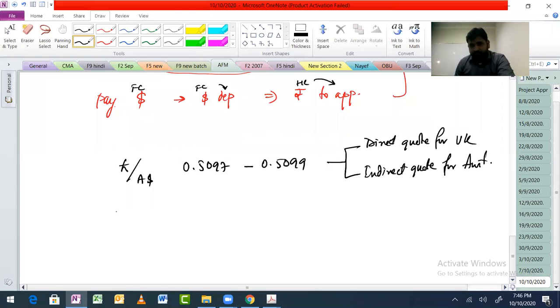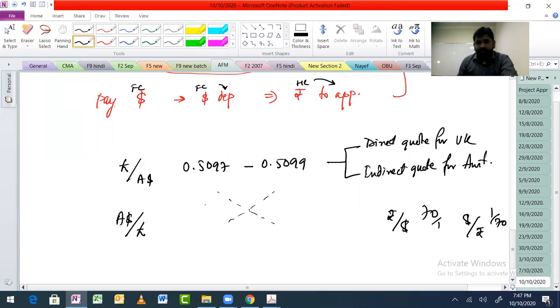What will be the direct quote for Australia? Like if I want Australian dollar per pound, what will be that quote? One thing to remember: generally if rupee per dollar is 70, so dollar per rupee will be 1 by 70. This is 70 by 1, so just flip it, right? But here you have to do cross, because here we have bid ask rates.